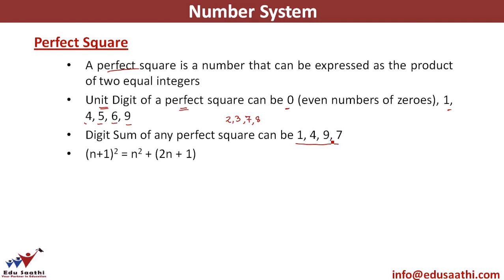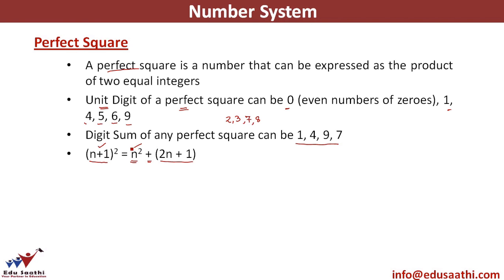N plus 1 whole square. Now if you look at it, this is a perfect square. N plus 1 whole square can be written as, I can open it, n square plus 1 square plus 2n, that is n square plus 2n plus 1. So this is the relationship between the squares of two consecutive numbers.